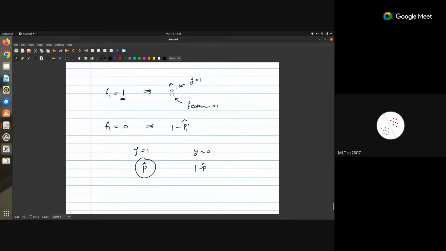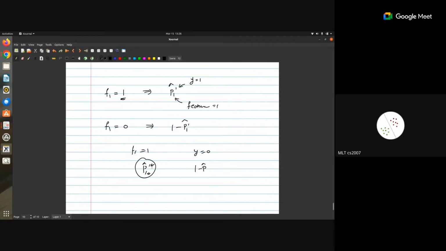A similar case we are applying here. If f1 equals 1, the probability corresponding to this is p1 1 hat. What does that mean? This 1 1 is coming to show that this is related to feature 1 and it belongs to class 1, right?